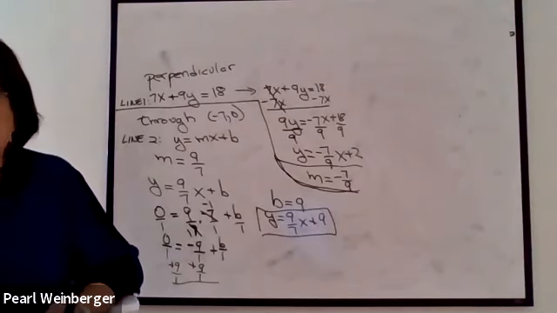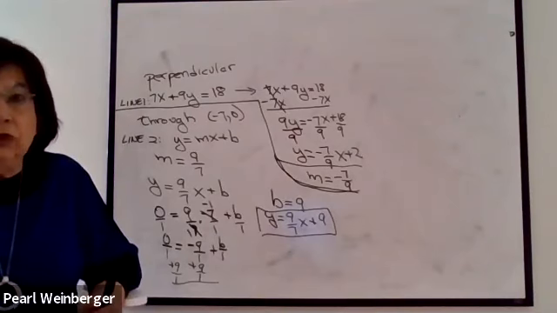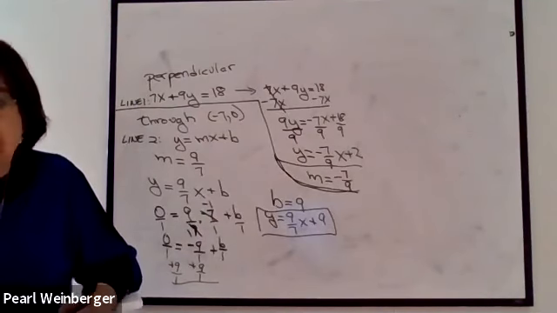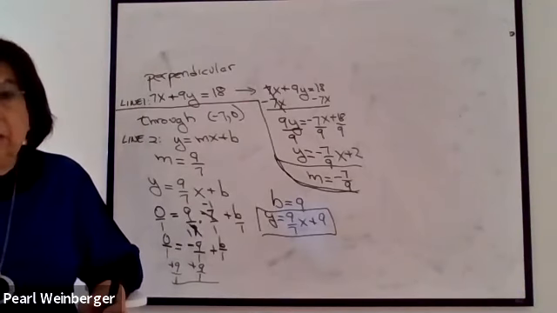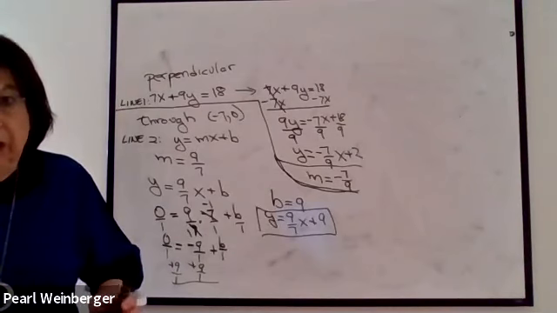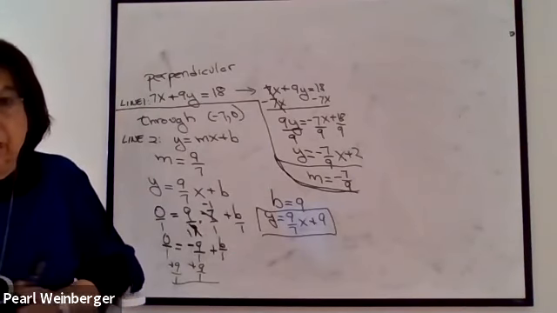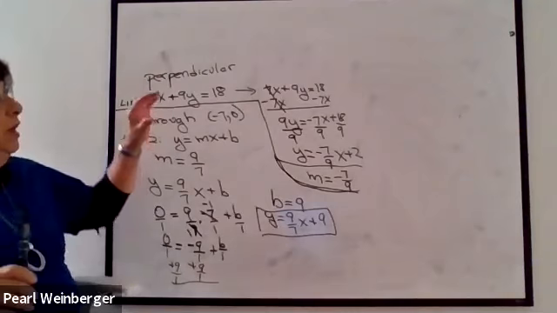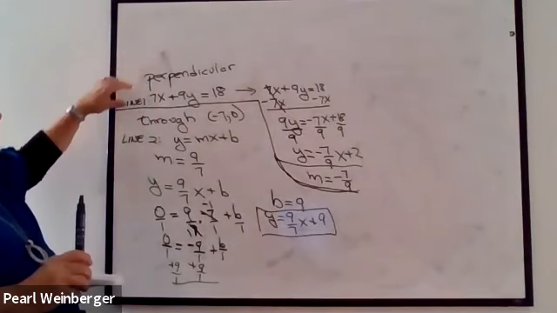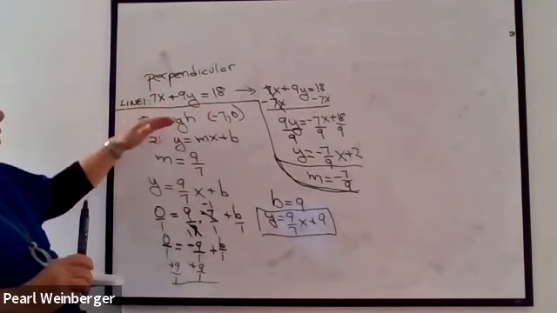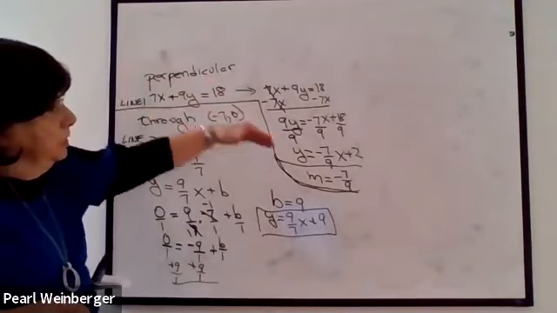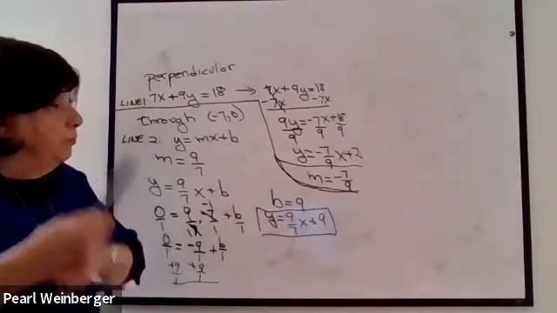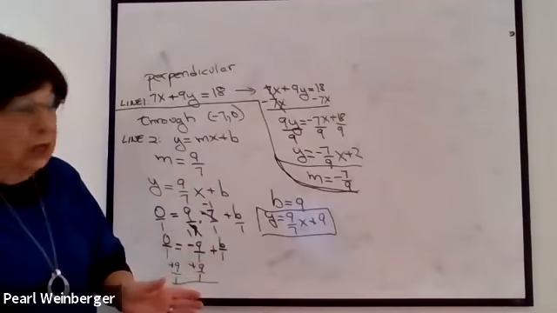And I think we have an idea of how to approach these problems. How do we go about finding the equation of a line if we are given a description of a line? Remember, in every case, the first thing I did was somehow figure out what the slope is. In this case, because the lines were perpendicular, I took the original slope, flipped it over, and changed its sign.